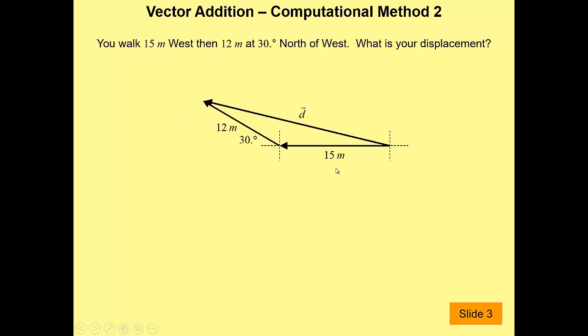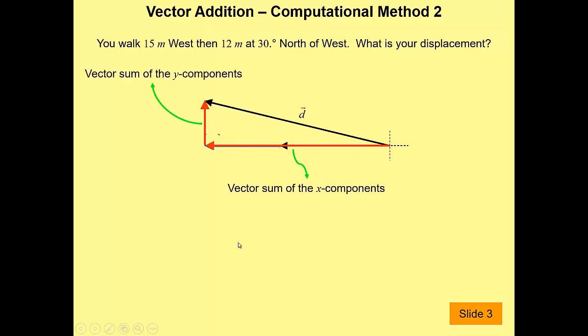This one is already all horizontal. So this one we could break up into a horizontal and a vertical component. And then we sum the x components. And then we sum up all the y components. And we end up with a vector diagram that is in the shape of a right triangle. Right? And then we can do the trig on it. So that was the method that we used yesterday when doing the concept builder.